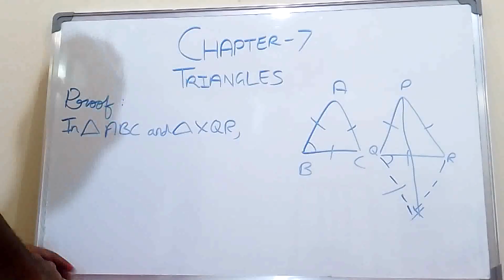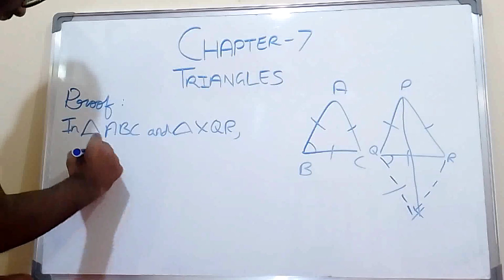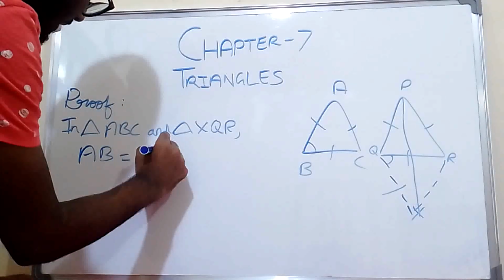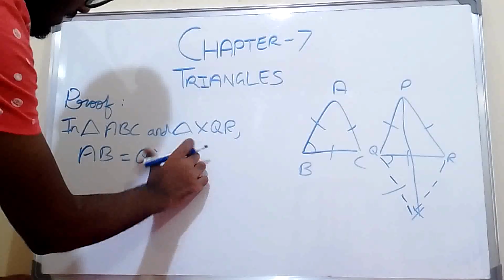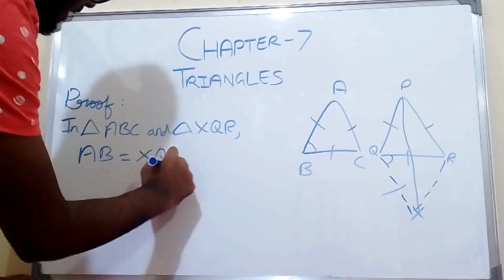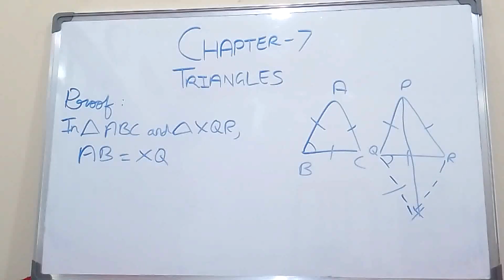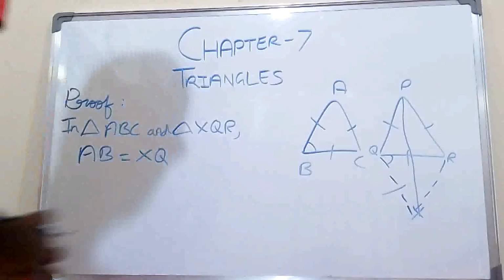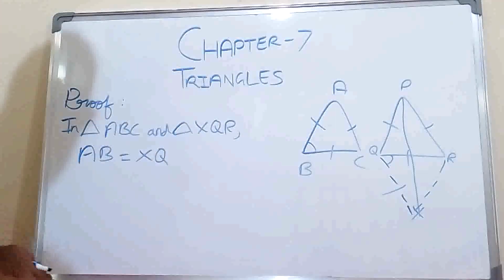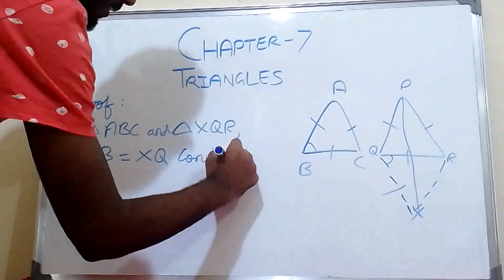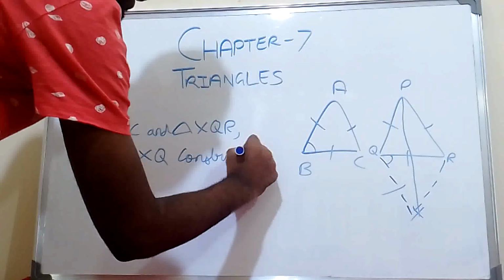So how are we going to prove that? Let's see. AB is equal to QX. Actually, it's better if we write using the corresponding parts, XQ, because if we write according to the corresponding parts, then we can know how to write the congruency. So AB is equal to XQ, and the reason for this is the construction that we did.